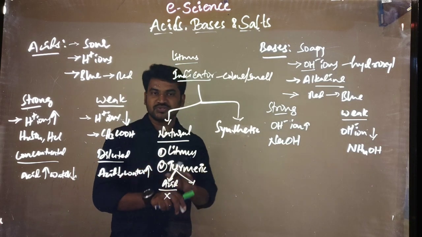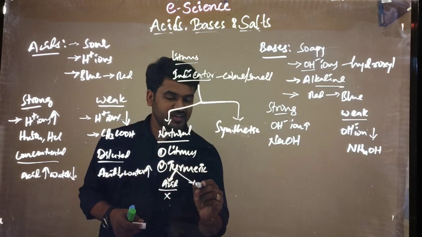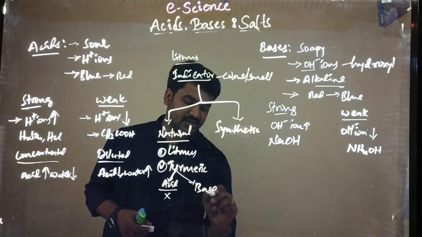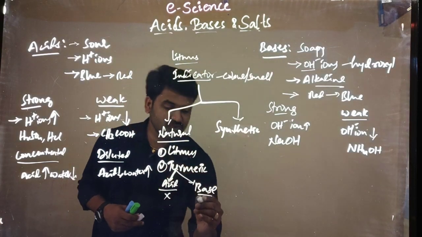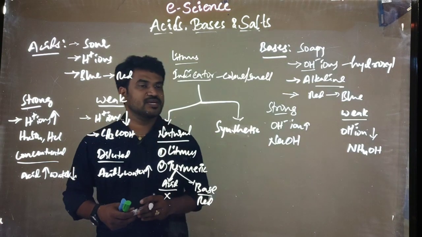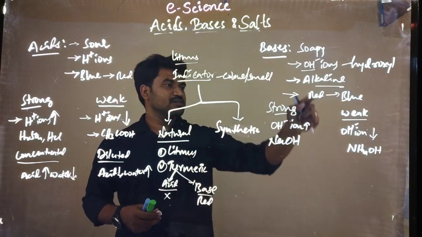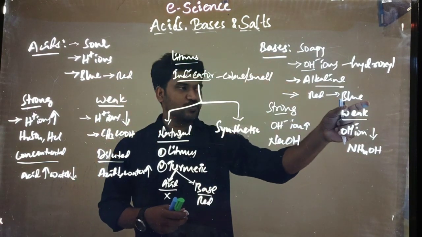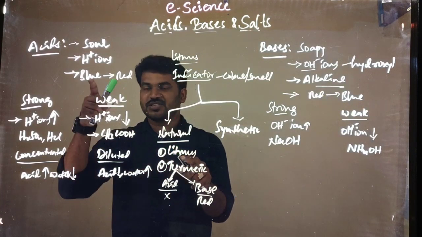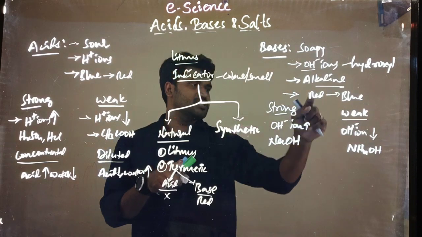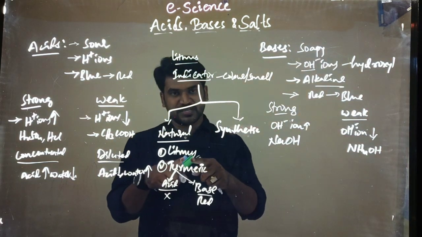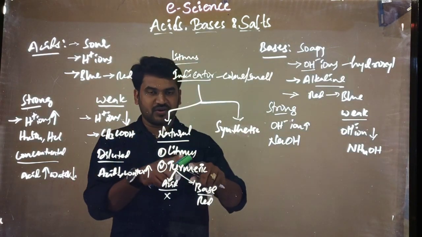Turmeric in acid shows no change in color, but when you take a base, the turmeric, which is generally yellow in color, changes to red color, right? See, for bases, red litmus changes to blue. Here also you can take the litmus example: acids change blue litmus to red, and bases change red litmus to blue. Already we have discussed that, so I have not written it here.